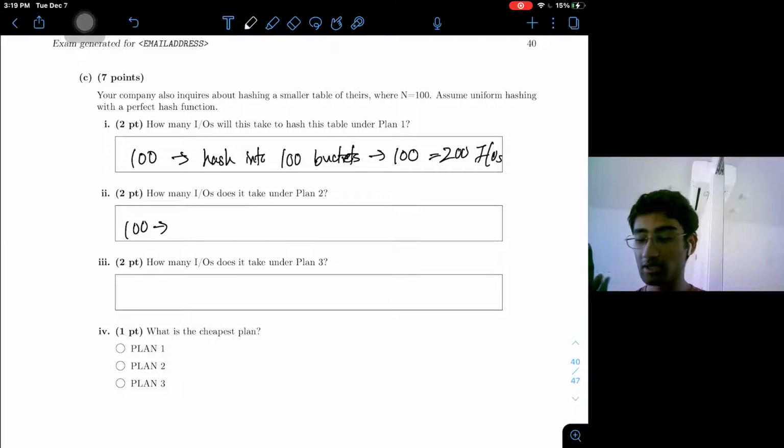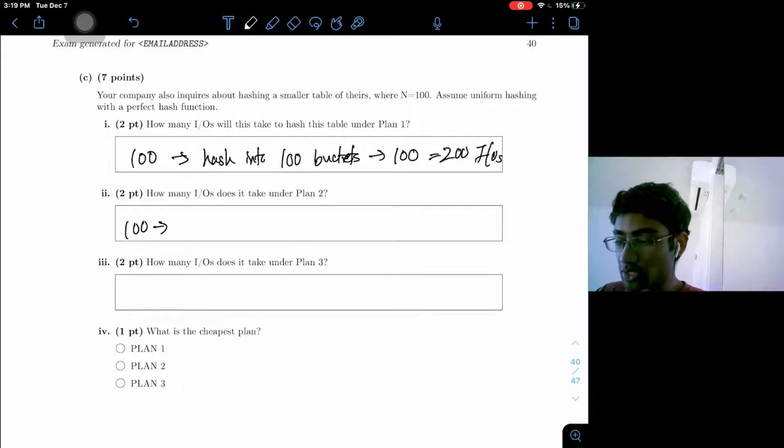And then in phase 2, we build an in-memory hash table. In part I of part C, we directly skipped that partitioning phase. Our partition in this case was just one partition of size 100, and so we could just directly read in that partition because it's B pages large. So we read in the 100 pages directly, and we built the hash table in memory.